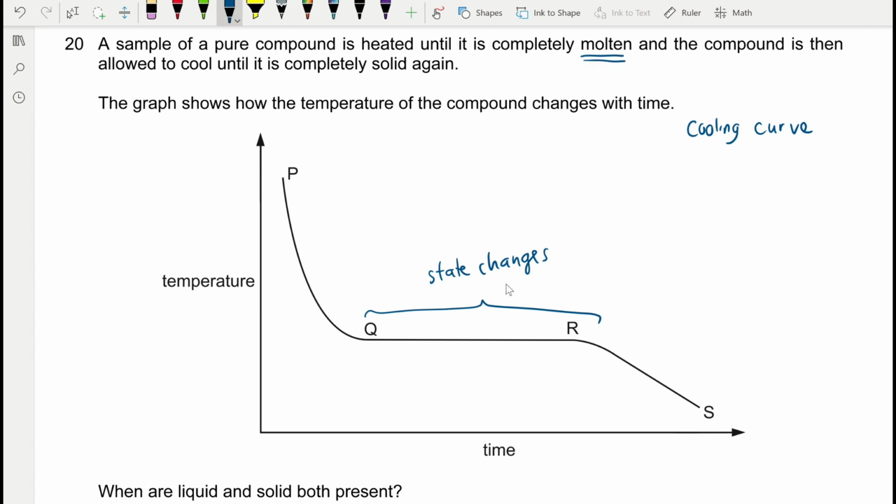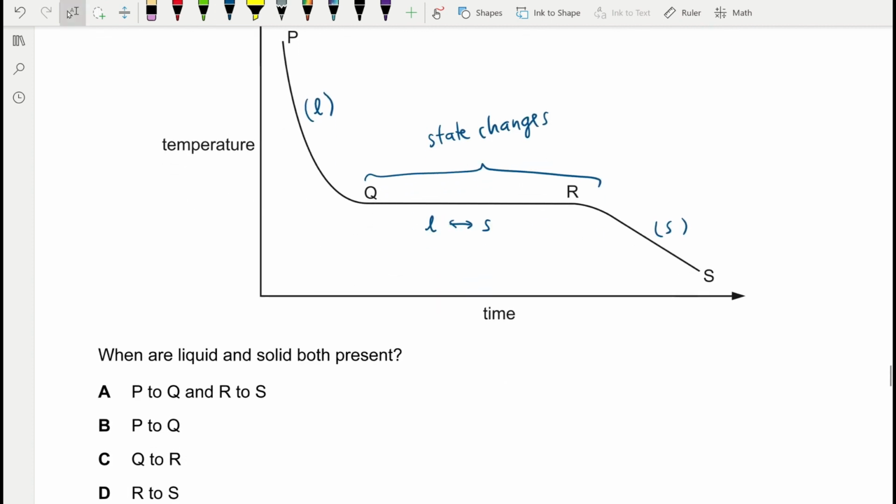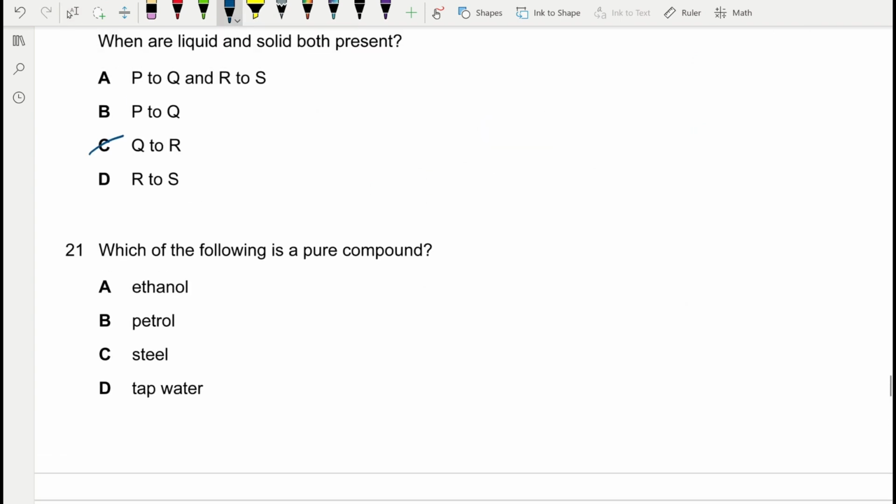So P until Q here is liquid, and when this hot liquid is cooled down, liquid to solid is in equilibrium. This is called freezing, and the rest of the curve shows a solid form. So liquid and solid are both present between Q and R. C is the answer.